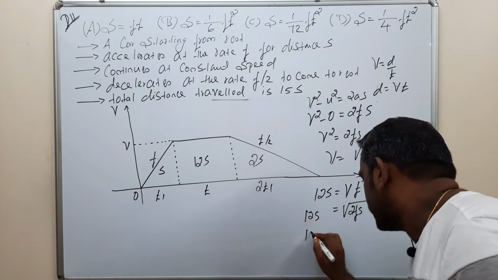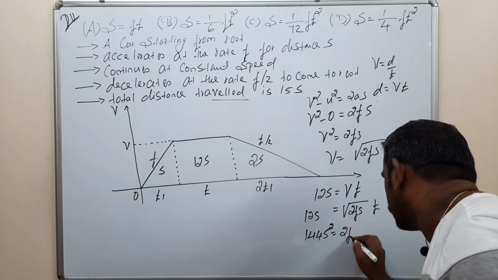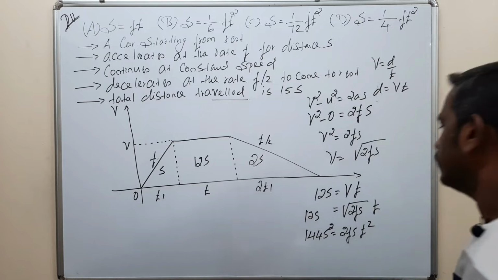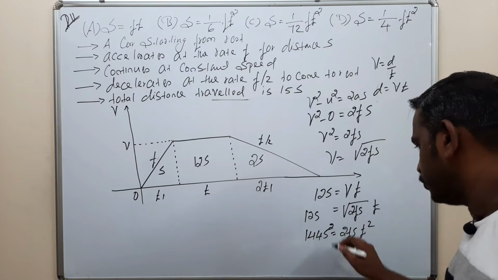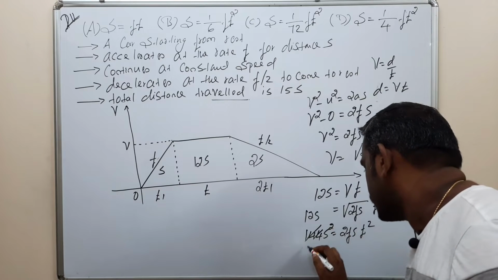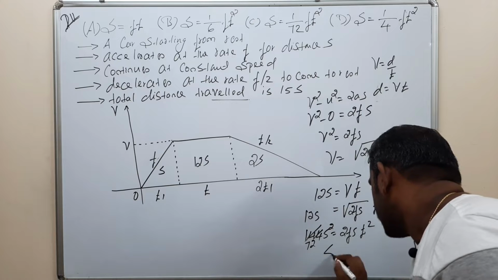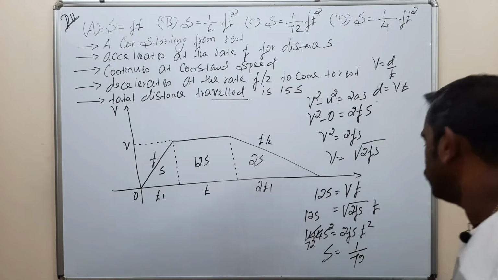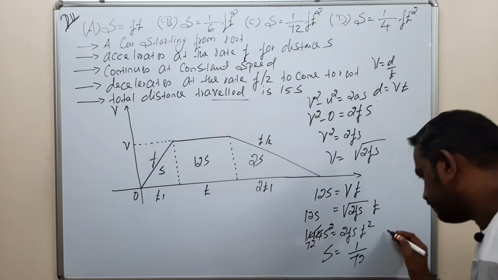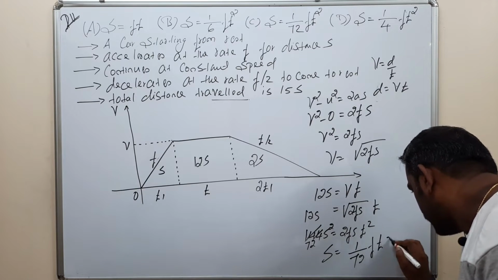Squaring on both sides, 144 s square is equal to 2fs t square. So s cancels, and 144 divided by 2 is 72. So s is equal to 1 by 72 f t square.